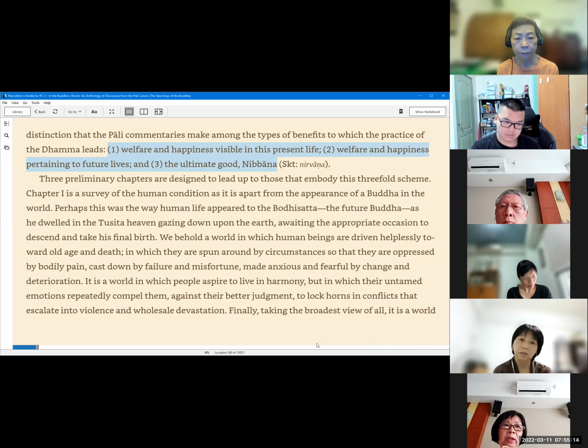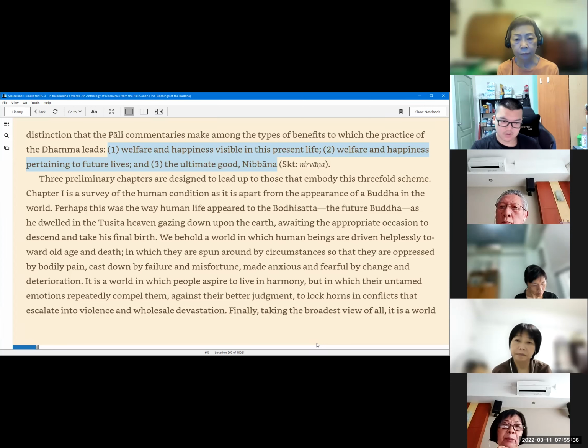It is a world in which people aspire to live in harmony, but in which the untamed emotions repeatedly compel them, against their better judgment, to lock horns in conflicts that escalate into violence and wholesale devastation.